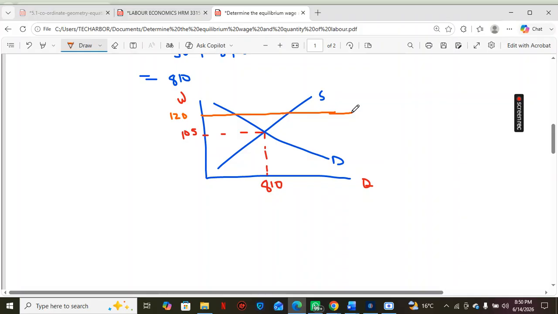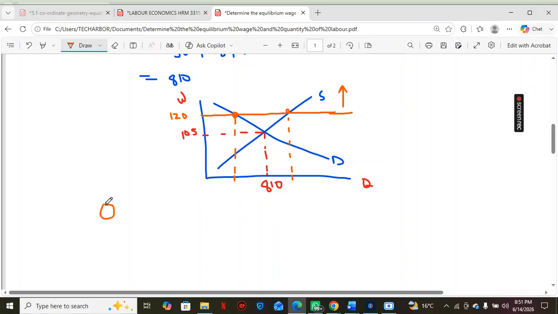As you can see, this price floor, meaning you can only go above, you can't go below, touches the labor demand curve and also the labor supply curve. So we're going to see how many workers firms are going to need at this new wage.